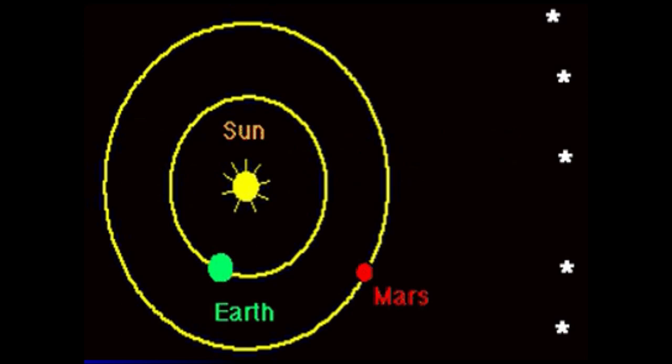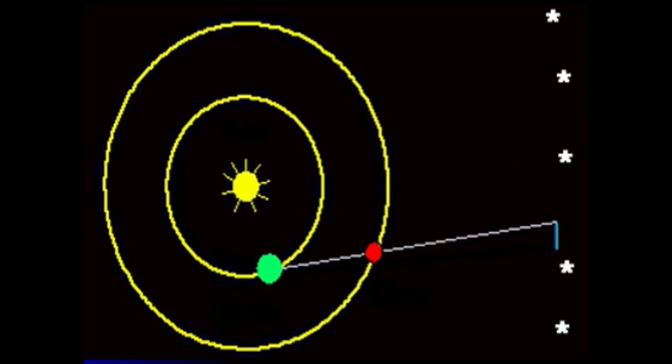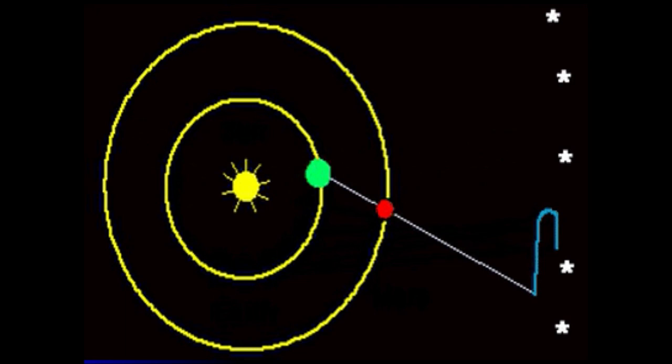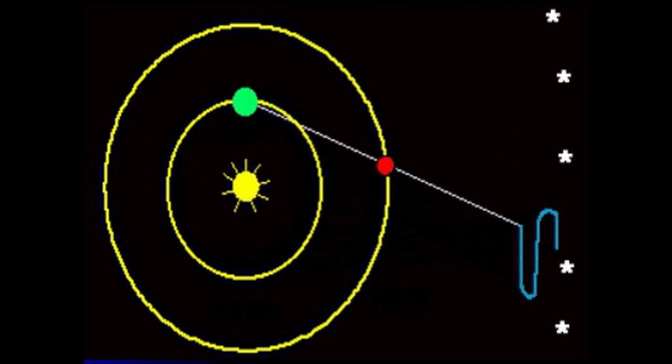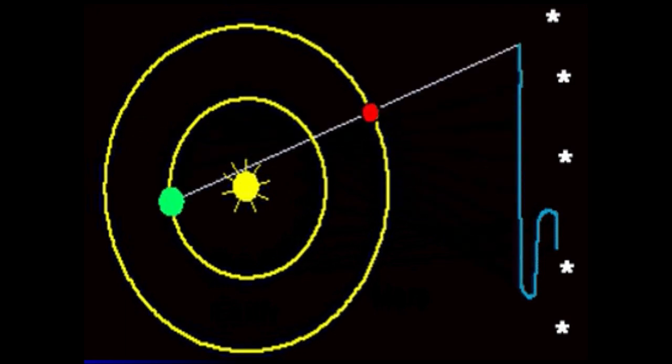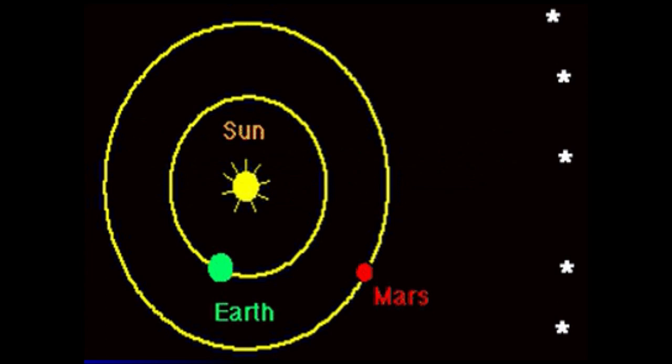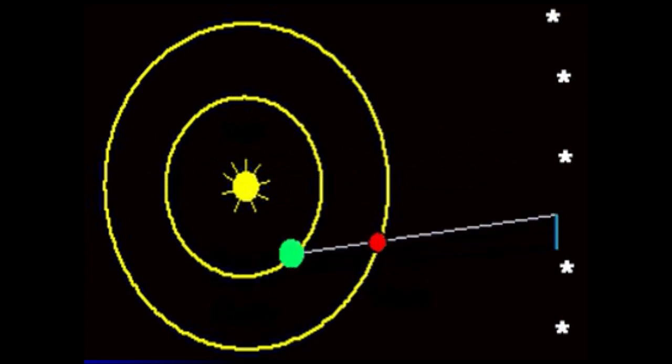So one of the things Copernicus had to do was explain retrograde motion in the Copernican, or heliocentric, system. The way Copernicus approached it, by leaving the sun in the center, is he says, well, the closer the planet is to the sun, the faster it must move around the sun.